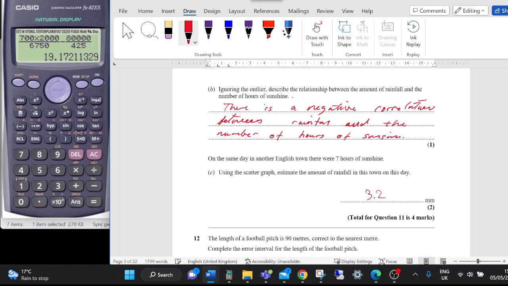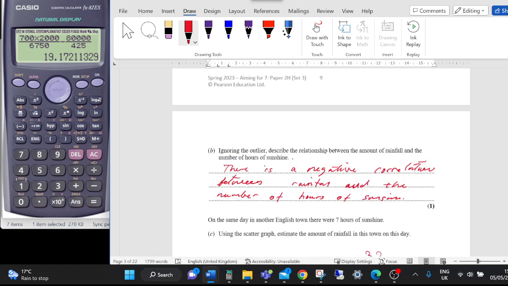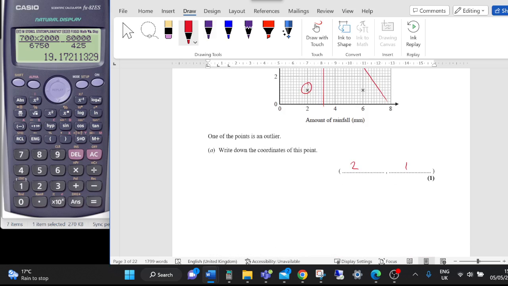Okay, and then what does the mark scheme say for this? I'm assuming there'll be a bound of error. So let's go back, we get a B1 mark for the outlier. For B2, it states as the amount of rainfall decreases, the number of hours of sunshine increases. It is just 1 mark for a valid description of the relationship.